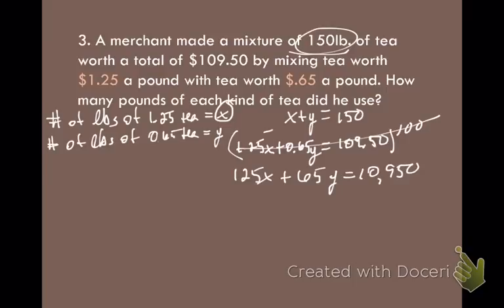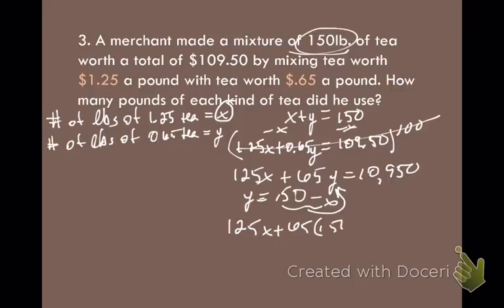I'm going to subtract x here to isolate the y. And so I'm going to get y equals 150 minus x. Okay, now I'm going to take this and substitute in for that y. So we get 125x plus 65 times (150 minus x) equals 10,950.